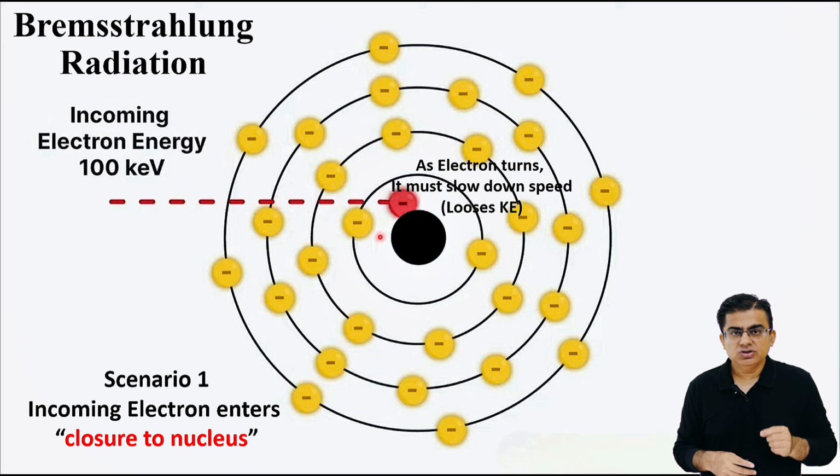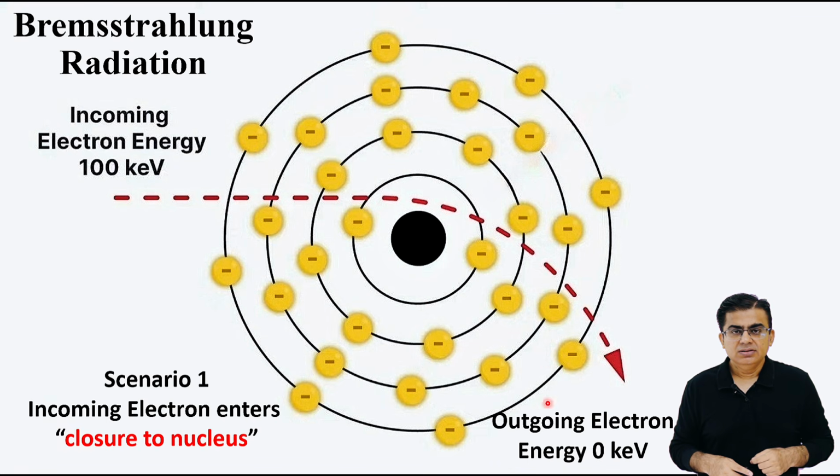Because it is so close to the nucleus, it experiences a massive electrostatic pull from the positive protons. This incredibly strong invisible force alters the electron's path sharply. You can see the electron making a very sharp and sudden turn.